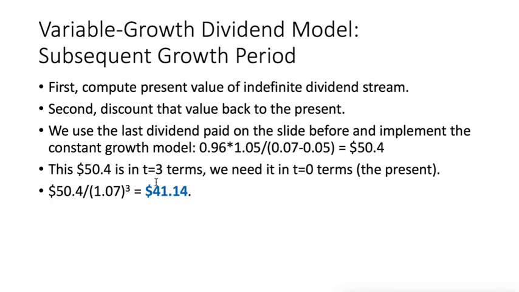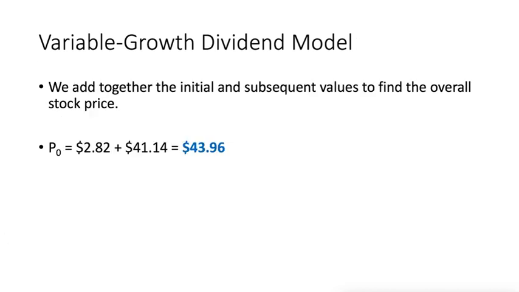So this value right here, the $41, represents the total value in this subsequent growth period. So to find the total value of the equity or the stock price, we have to sum up the two growth periods. So that's $2.28 plus $41.14, and that gives us $43.96. And then we're done.